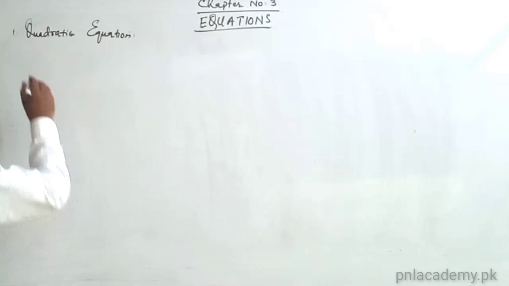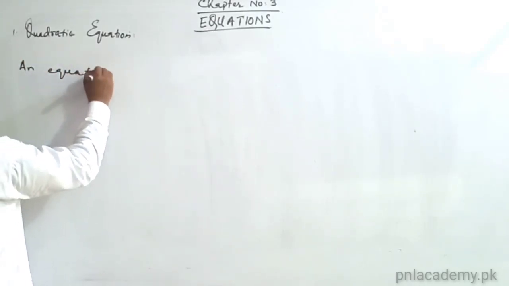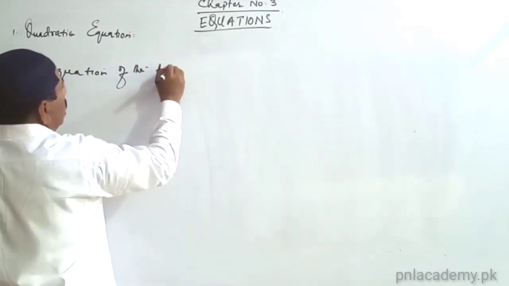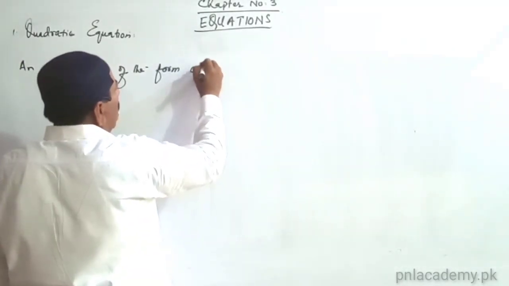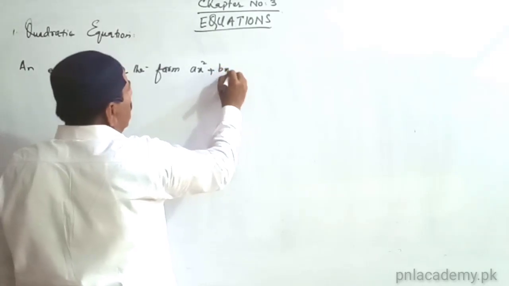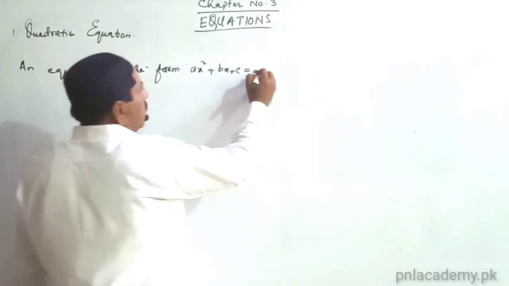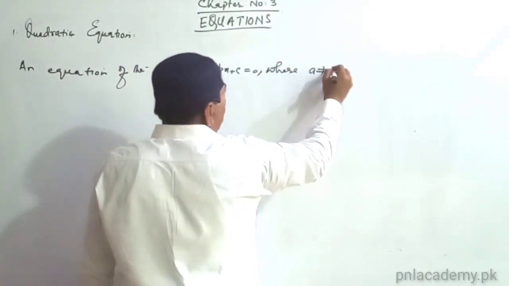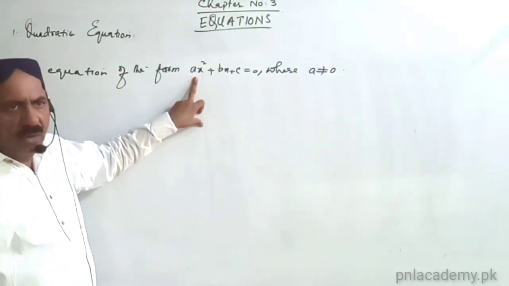So an equation of the form ax square plus bx plus c is equal to 0, where a is not equal to 0, means you have to not consider that a is equal to 0.